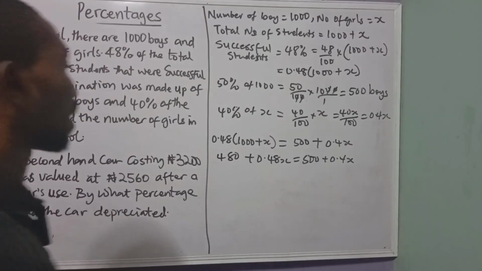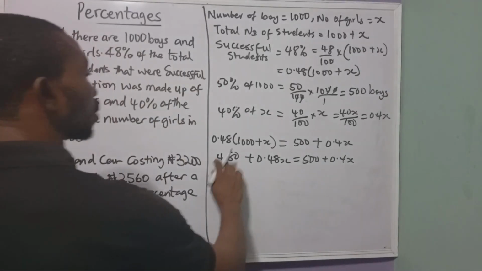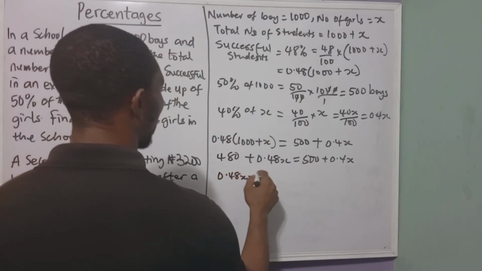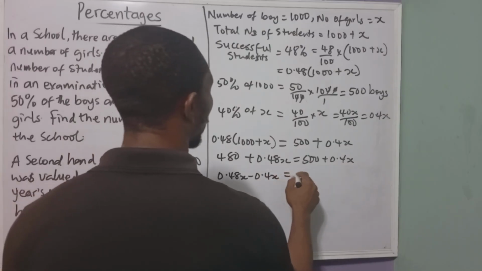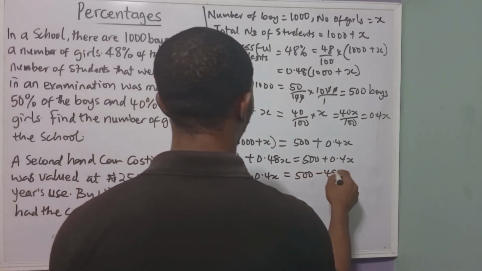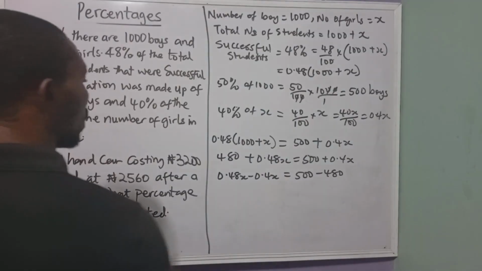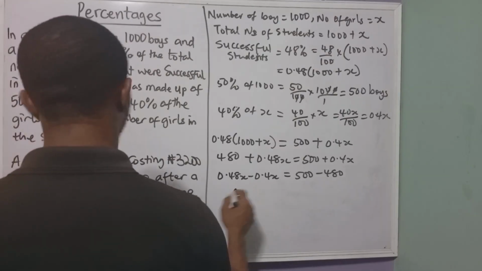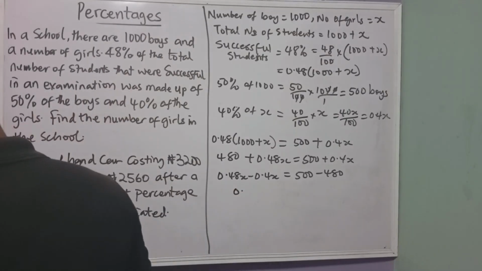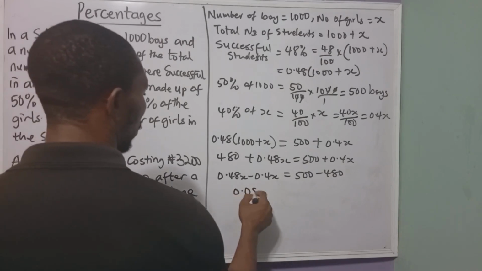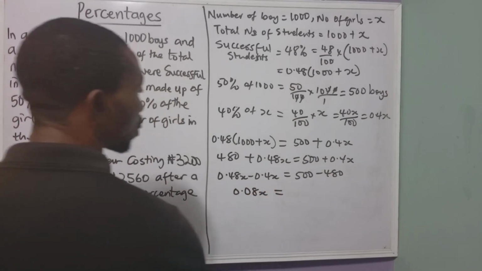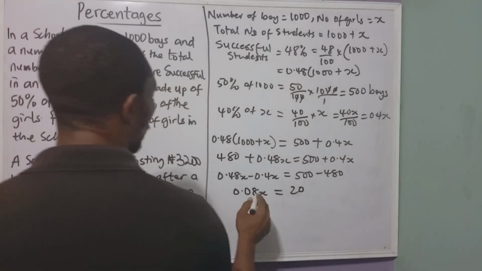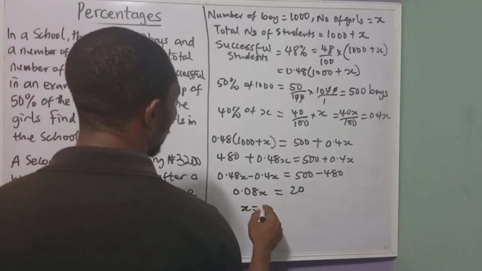So collecting our like terms together, this gives us 0.48x minus 0.4x equals 500 minus 480. So this will give us 0.08x equals 20.